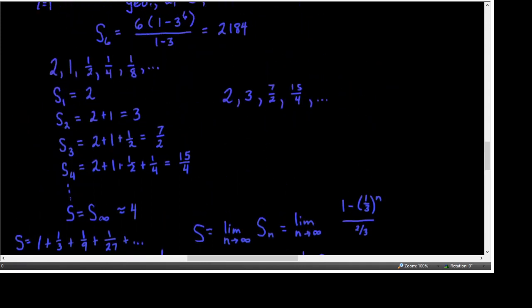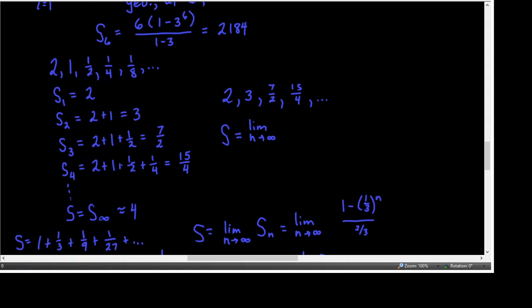Let's go back and look at the one where we assumed it was 4 because of the evidence in front of us. If this one converges, its sum S will be the limit as n approaches infinity of S sub n.